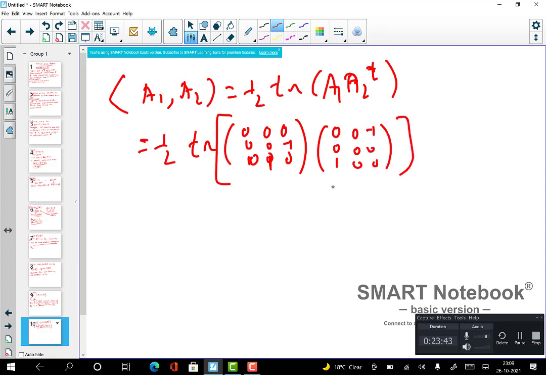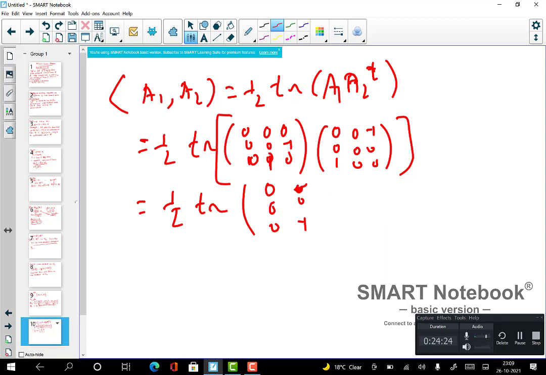Now you take the product of these two matrices, and you see that the trace has to be 0. Obviously now you can find out the product matrix, which has 0 0 0 and then this, and this is also 0 0 -1 and then 0 0 0.